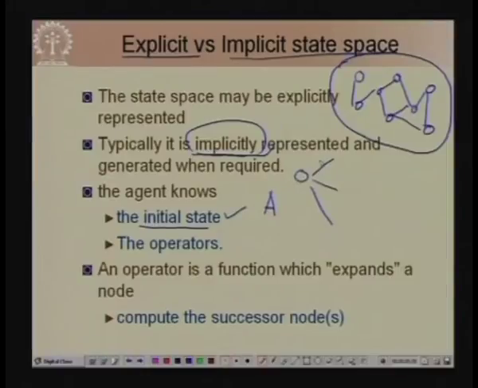So it knows that if these operations are applied at this state, these are the states that it can reach. Then if it selects this state for expansion, it can obtain the different other states that it can reach from this state. An operator is a function which expands a node, that is, it computes the successors of the node. Given a state, given an operator, the agent will be able to generate the successor node.